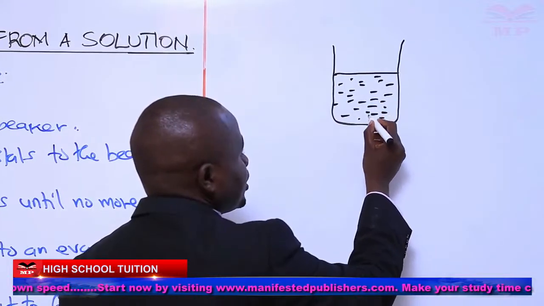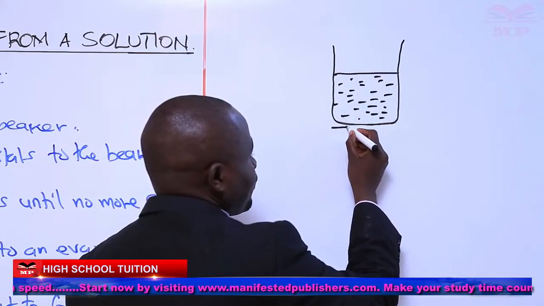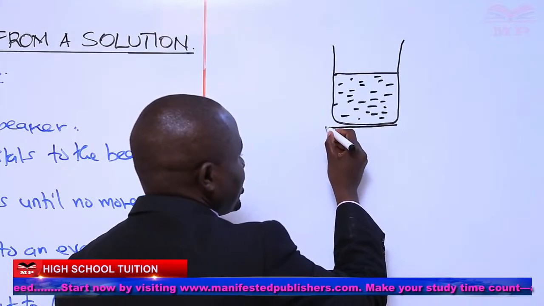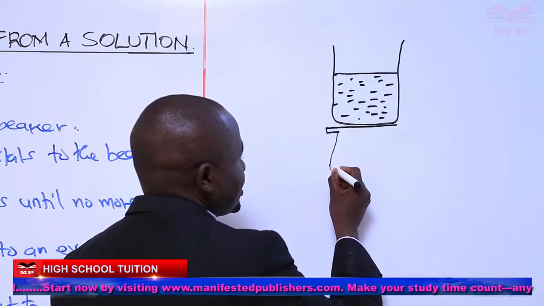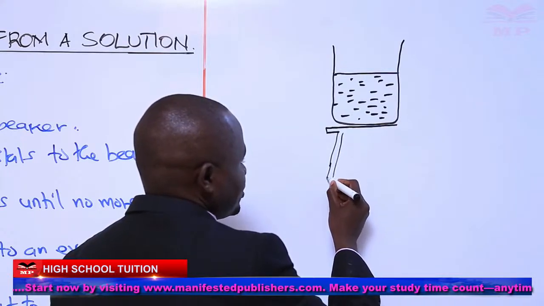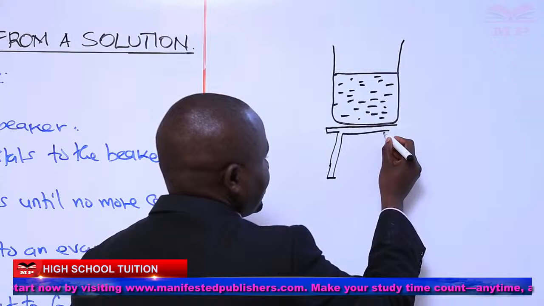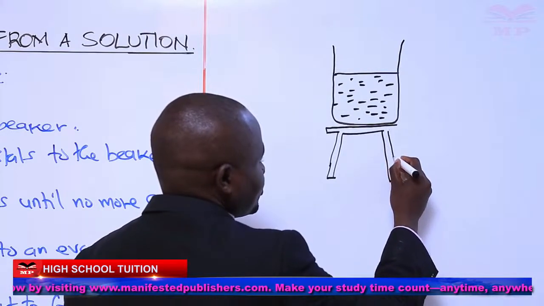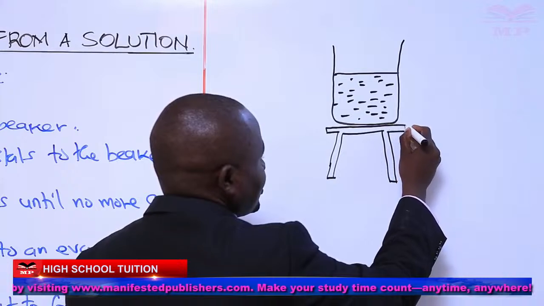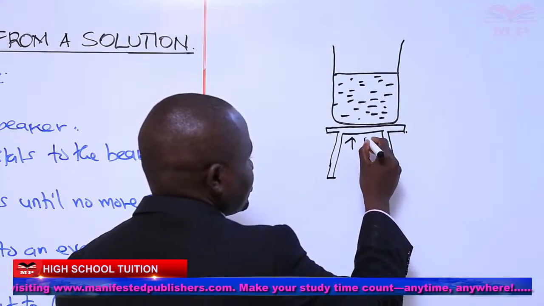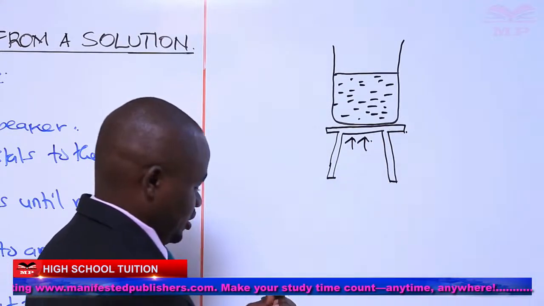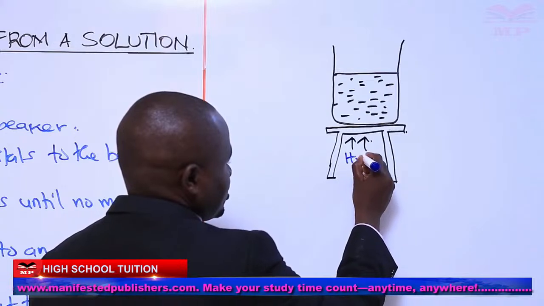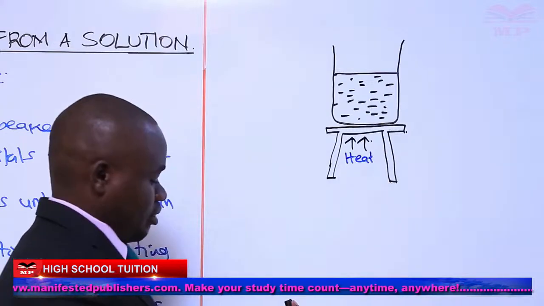So remember, we heat using a water bath, and we have to put our tripod stand here, and then below it we put our source of heat. So this will be our source of heat. That's our heat. So heating shall be done here.